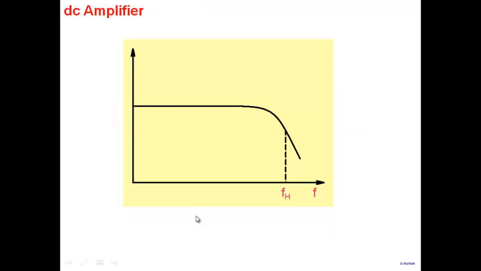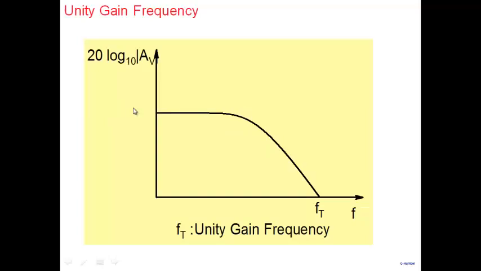And we said that some of the amplifiers, because of the way they're designed, do not have an FL. They can amplify right from DC onwards to some higher frequency, and we call these DC amplifiers, in the sense that they can amplify from zero frequency onwards.